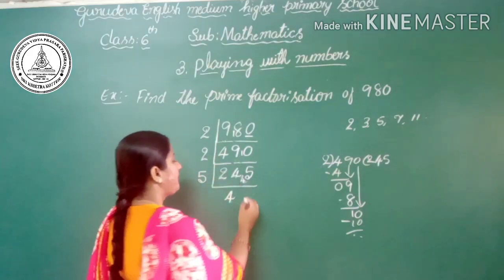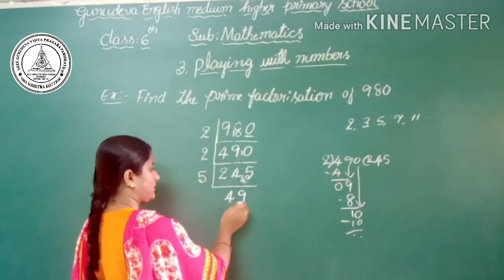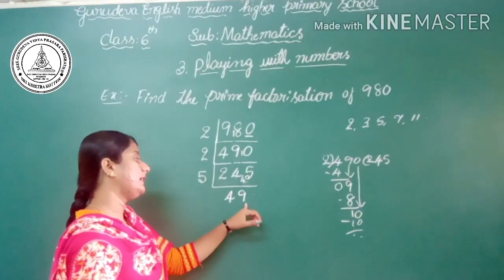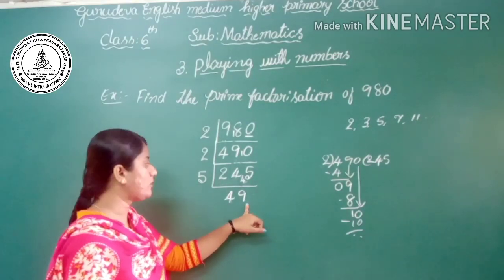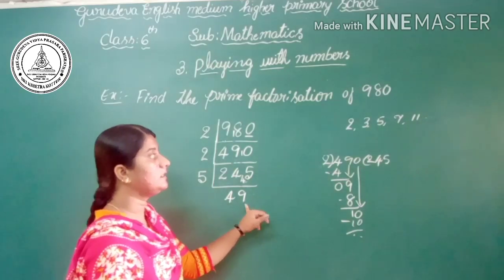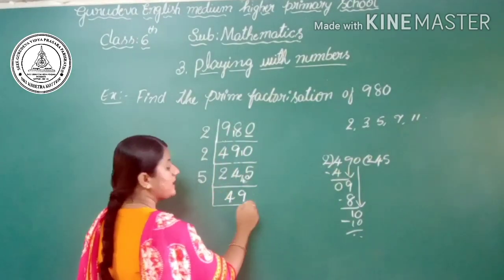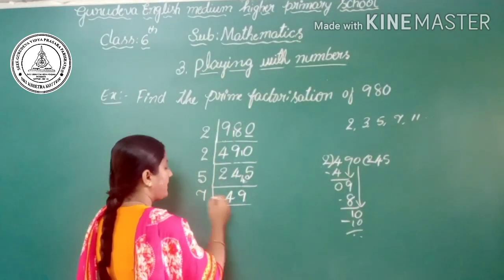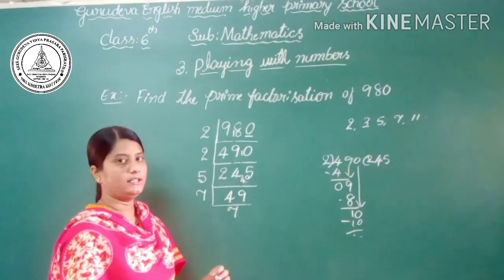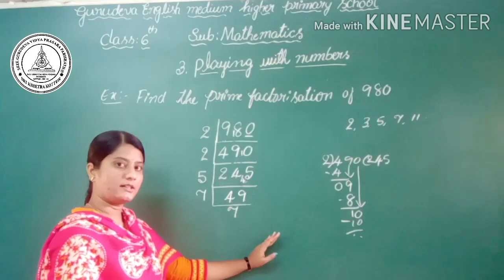Then next is 49, which cannot be divisible by 5 because in the ones place there is a 9. So let's take the next prime number, that is 7. 7 sevens are 49. 7 is also a prime number, so there is no need to factorize 7.